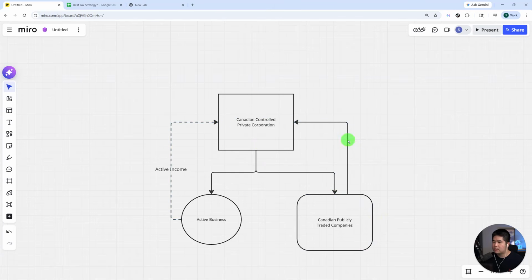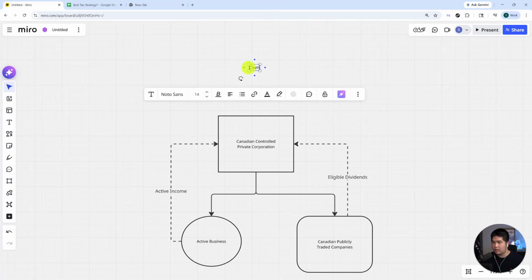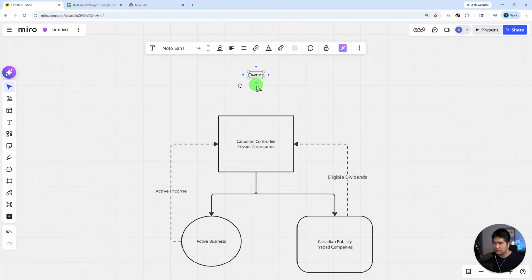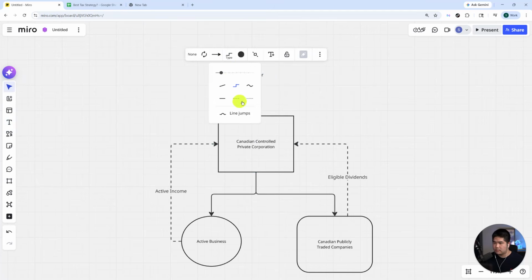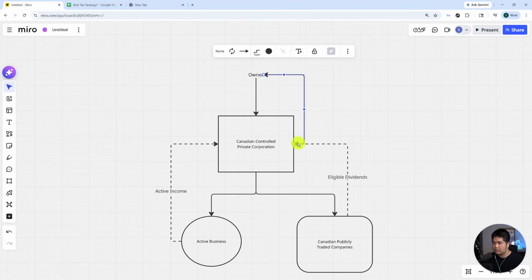And then this corporation will pay eligible dividends to the owner.